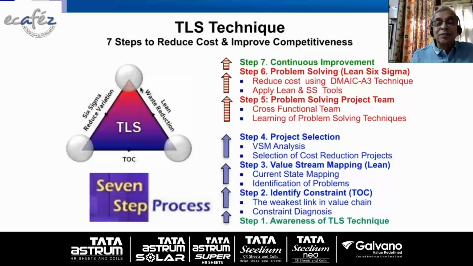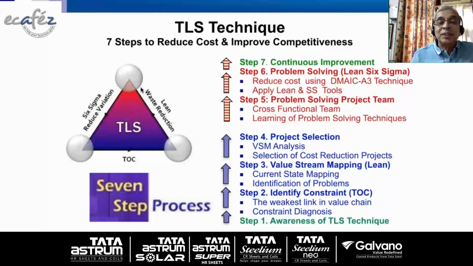In the last webinar, I discussed in detail. Then third step, after the TOC, you have identified the constraint area. That constraint area goes for further micro level analysis by value stream mapping. And from the outcome of value stream mapping, we identify the problems which must be addressed, and each problem becomes a problem solving project.